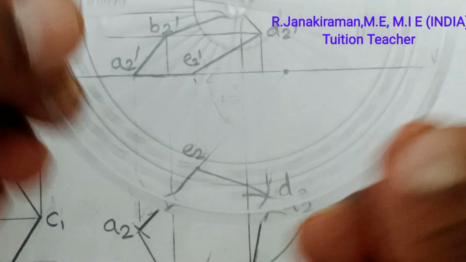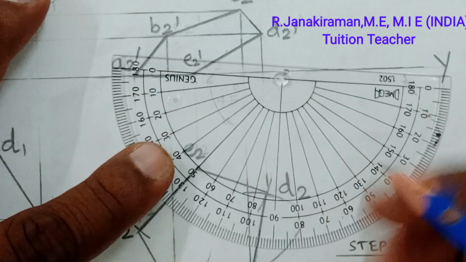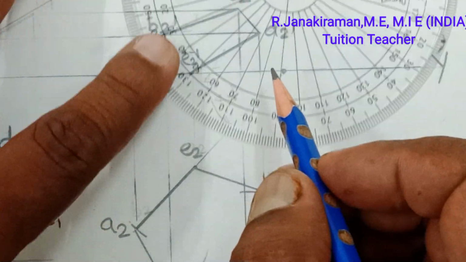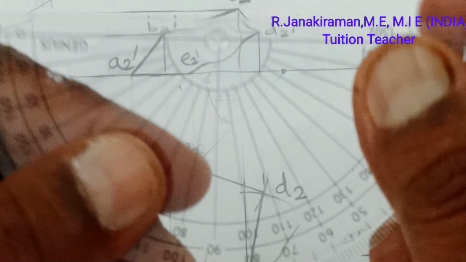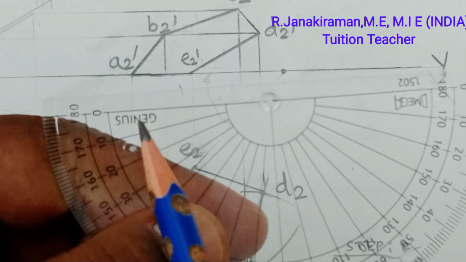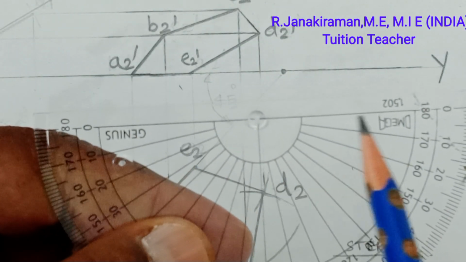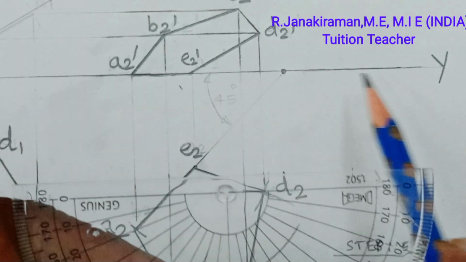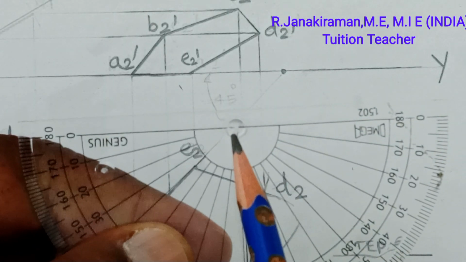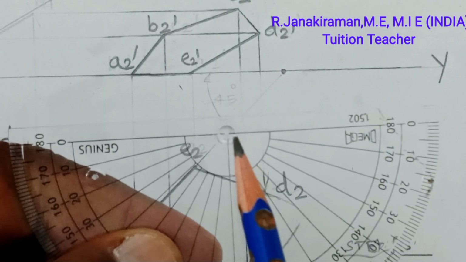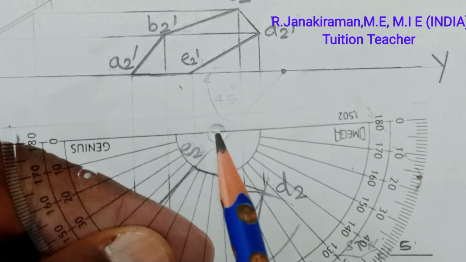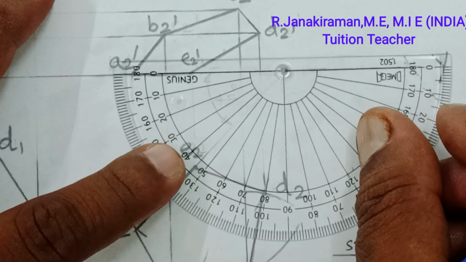So turn your protector. The printed line of a protector, this black color line, the horizontal line of a protector should coincide with this XY line, and this is the center of a protector, the center point where horizontal and vertical meet, coinciding on the located point.